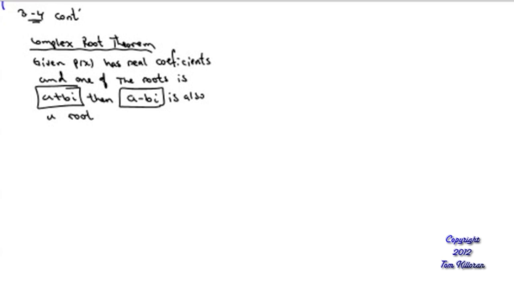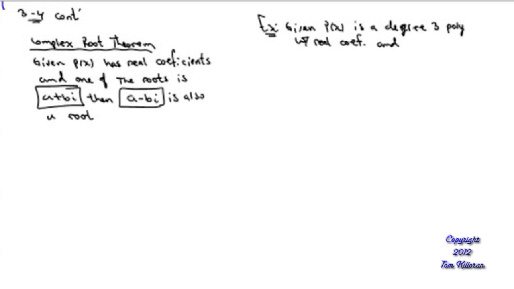So for example, a simple one. Given p of x is a degree 3 polynomial with real coefficients and roots x equals 2 and i, and p evaluated at 3 is equal to -10.